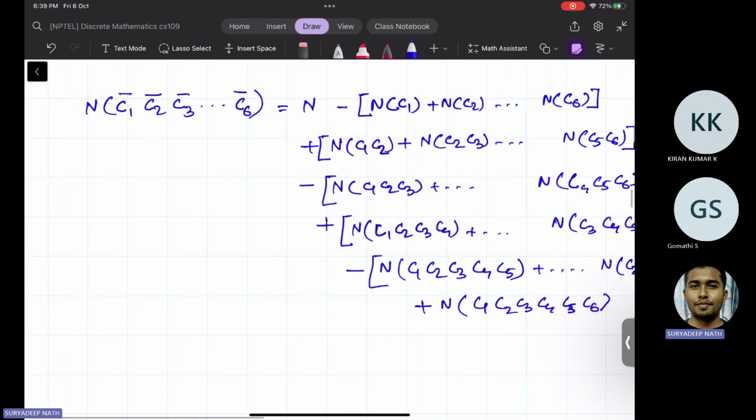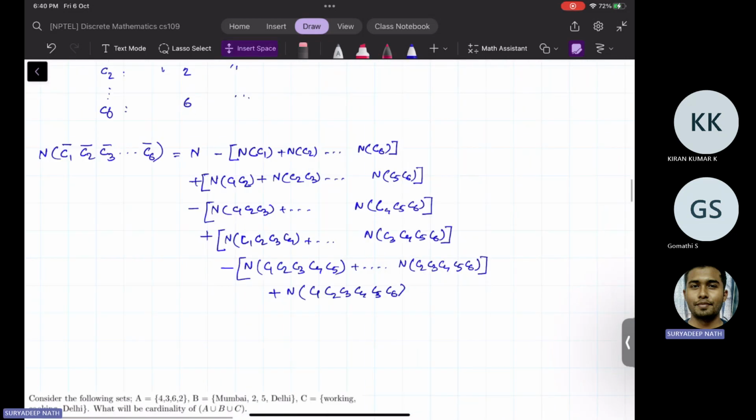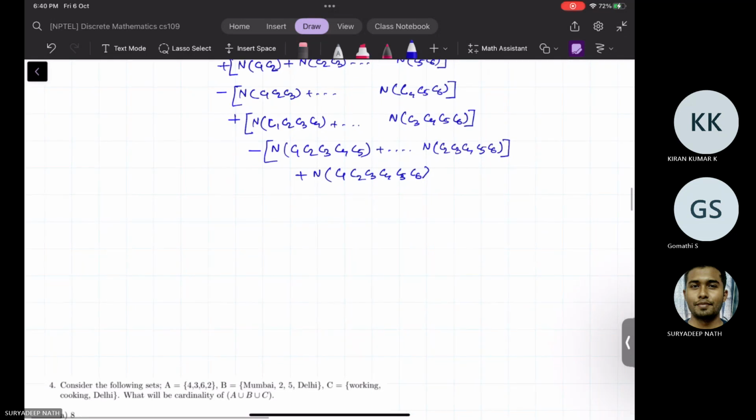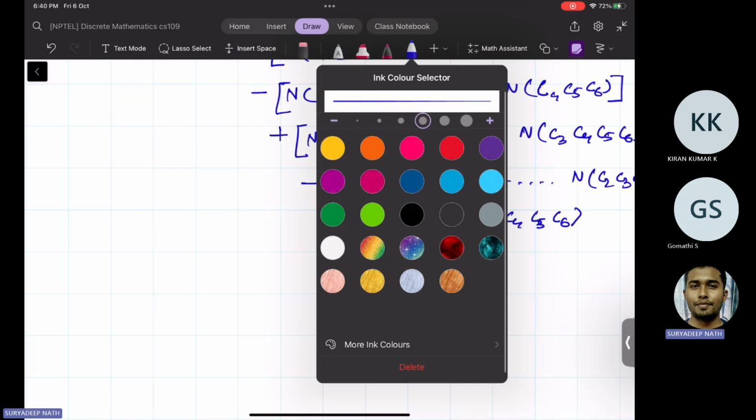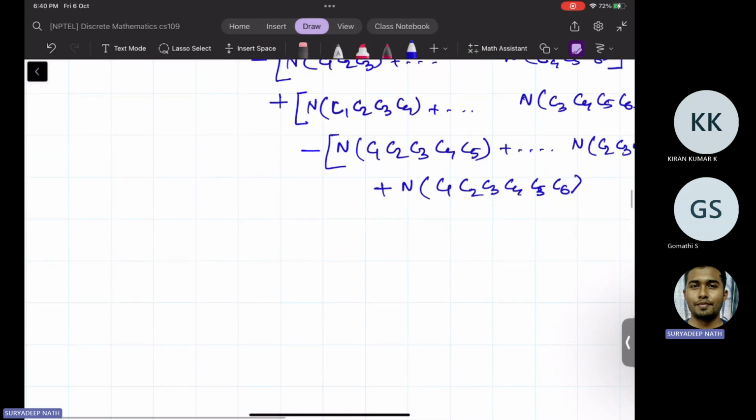Now, to find out N(C1). N(C1) basically means one person wears his coat correctly, but the others we don't know. So we have five people and five coats, which can be arranged in 5 factorial ways, and one is wearing his correct coat.